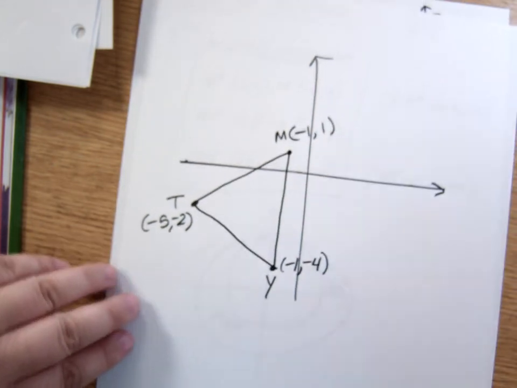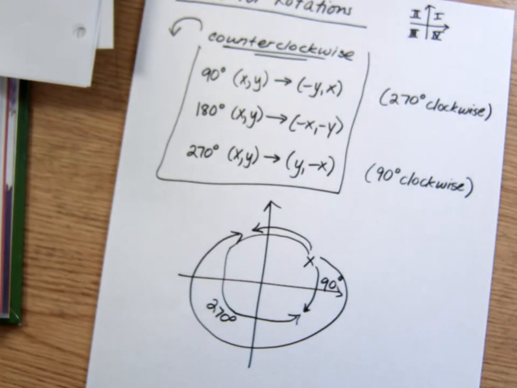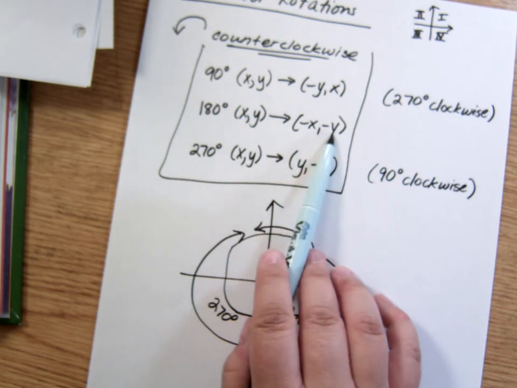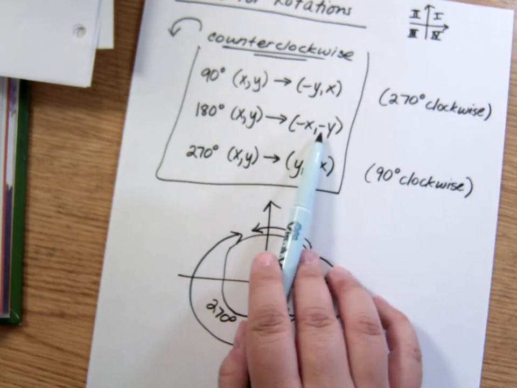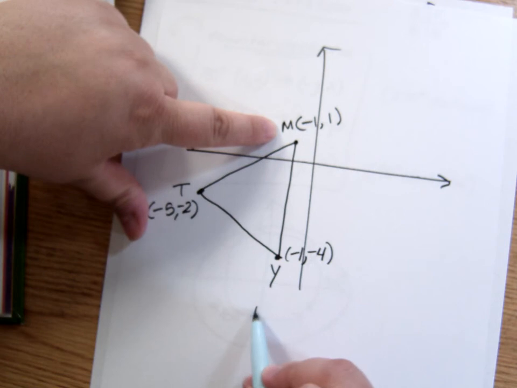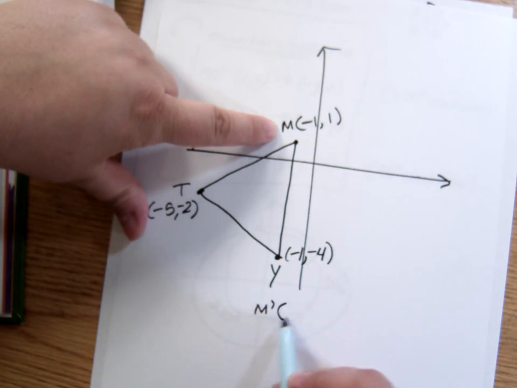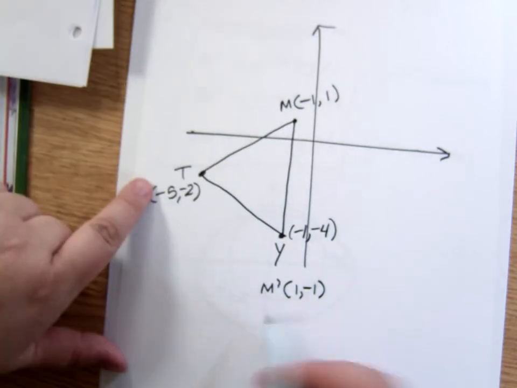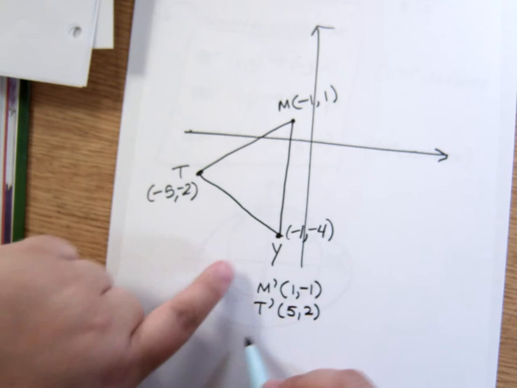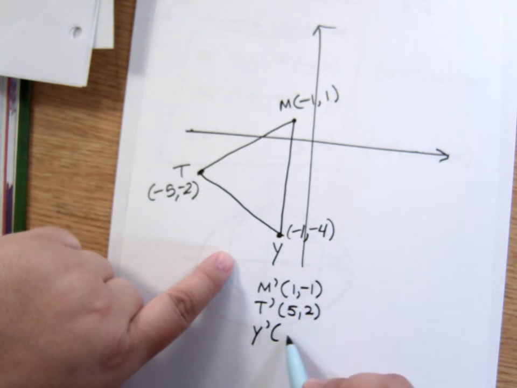Well, if I know these rules, I know that for 180 degrees, the order of the coordinates stays exactly the same, and I'm just going to change signs. So my new M, or M prime, will be +1, -1. My new T, T prime, will be +5, +2. And my new Y, Y prime, will be +1, +4.